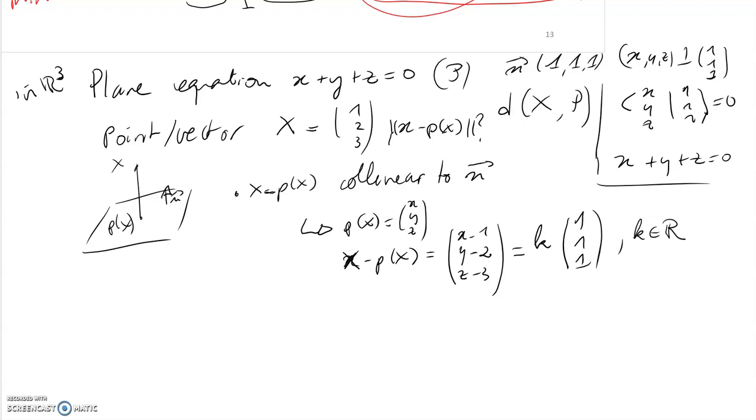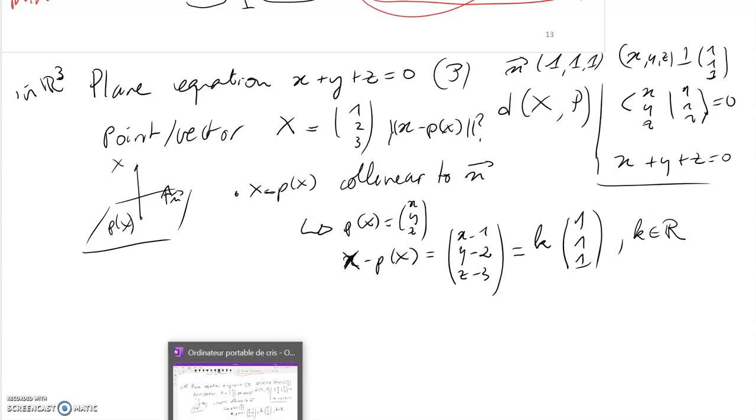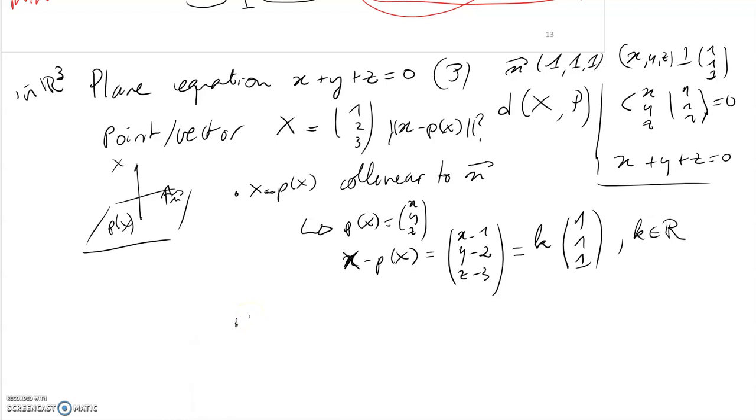And you get a second equation by saying that P of X actually belongs to your plane. That means that small x plus y plus z is equal to 0. So now you can substitute small x, y, z by what you get from the first set of equations.